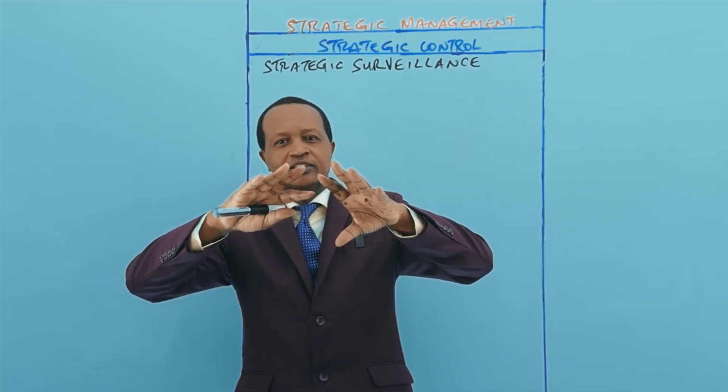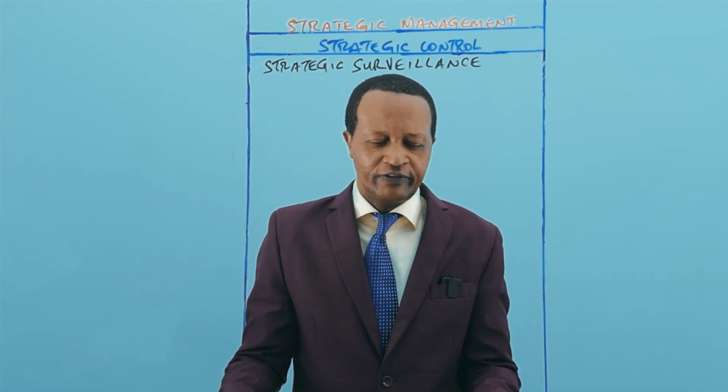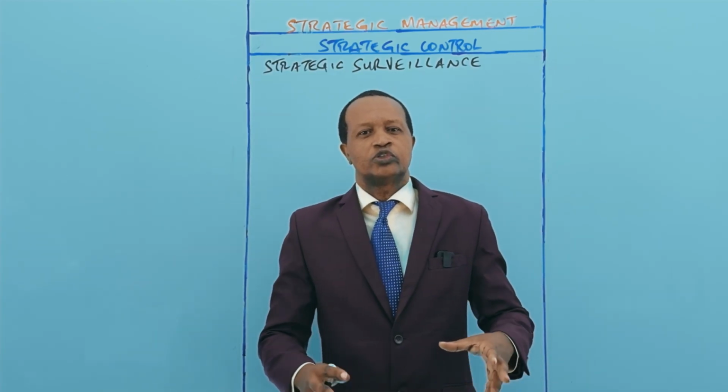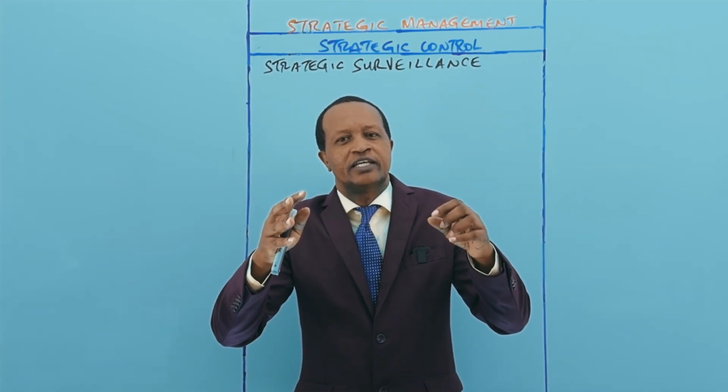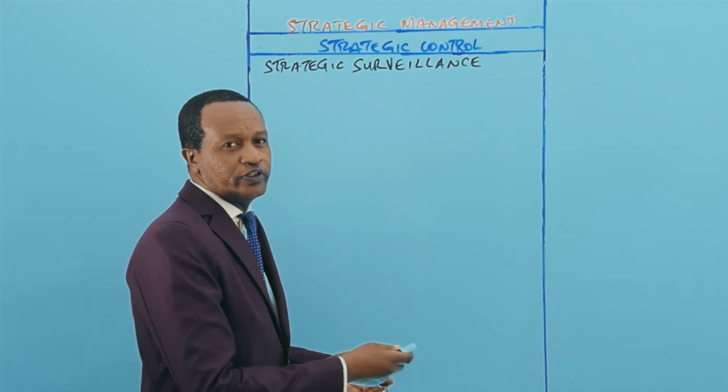Surveillance. We've said it is a general watch on the environment. So strategic surveillance involves general monitoring of various sources of information.